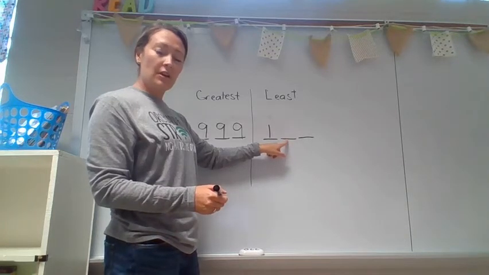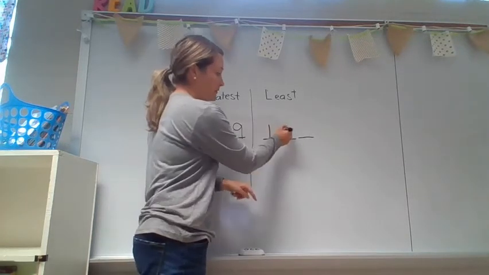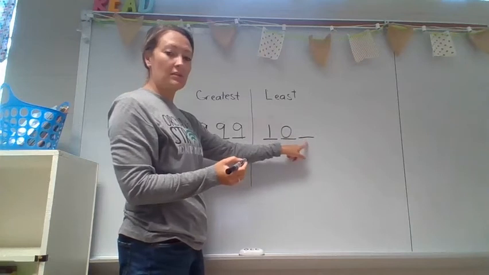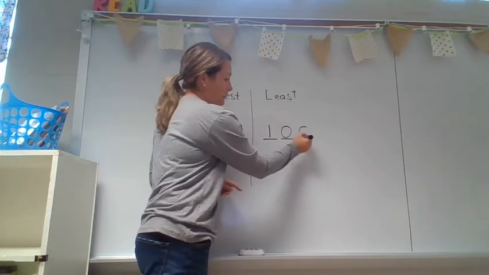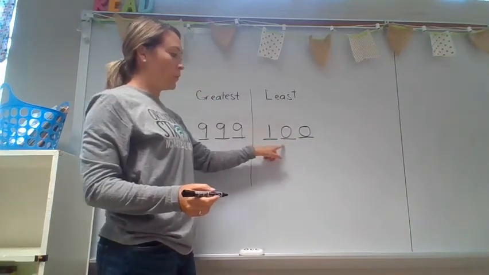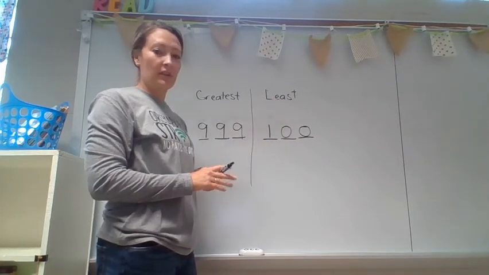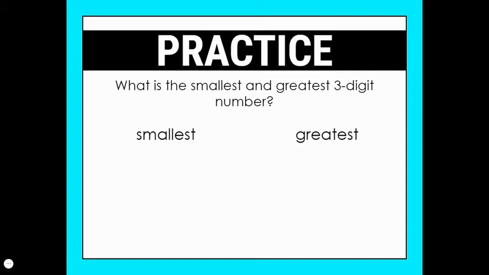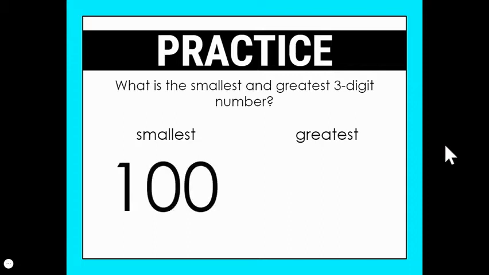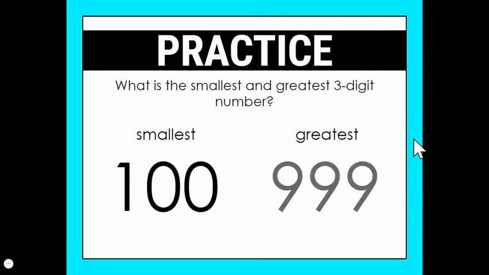Well, I could put a 0 in my tens place. I could also put a 0 in my ones place. So 100 would be the smallest 3-digit number that I could create. So we found that our smallest 3-digit number was 100, and our greatest 3-digit number was 999.